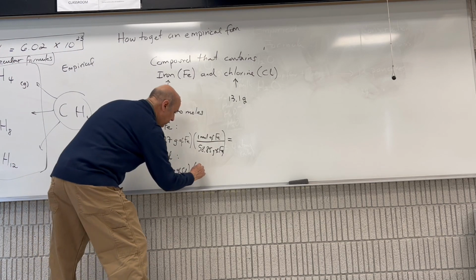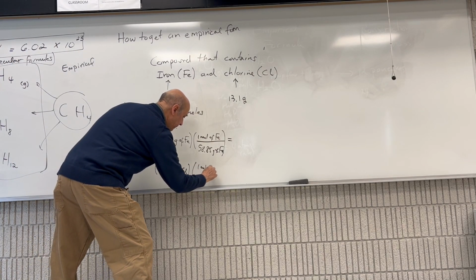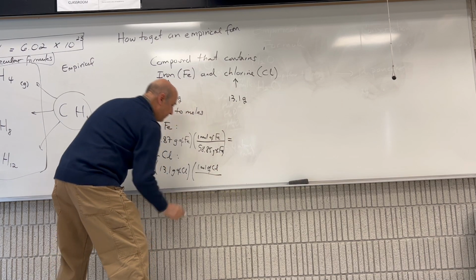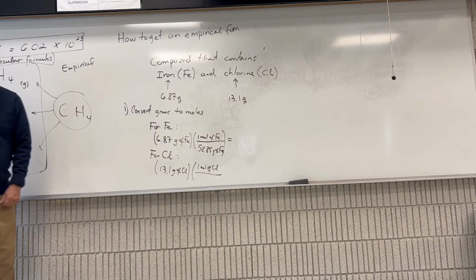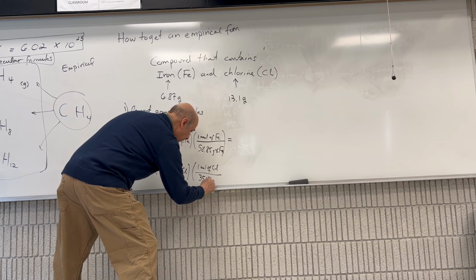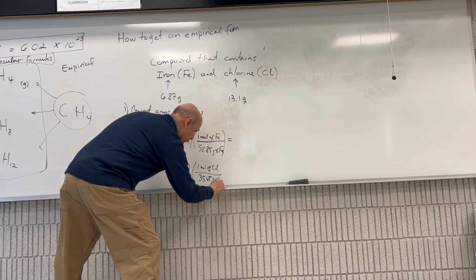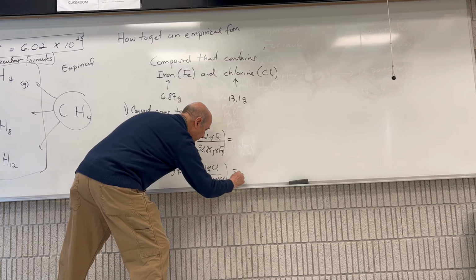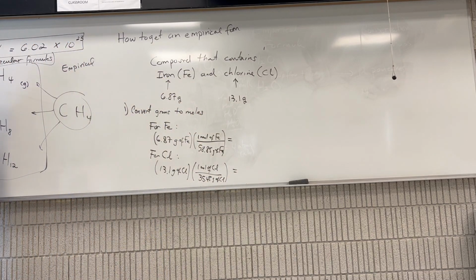So 1 mole of Cl, 35.45 grams of Cl. And that comes from the periodic table, molar mass.